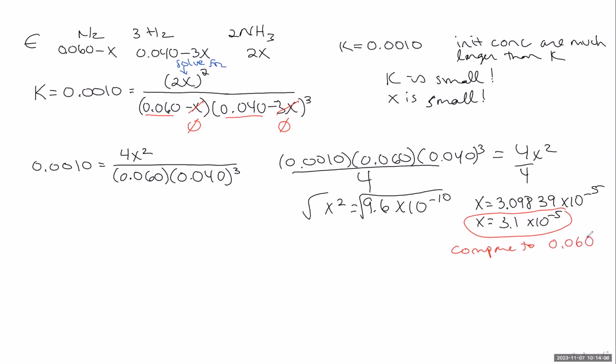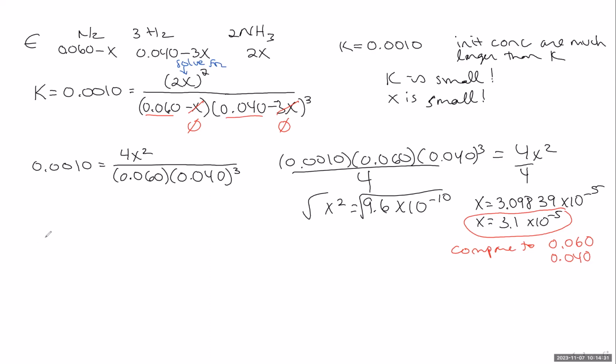That's very small compared to that, right? And also very small compared to 0.040. So this is actually a valid assumption. And you also look at our equilibrium constant, and even it is much larger than this x value. So that tells us that our assumption is just fine. So we can go ahead and use it.